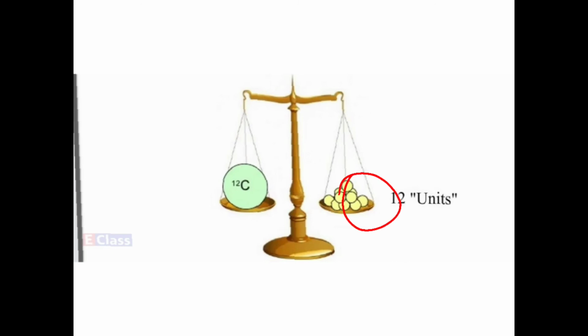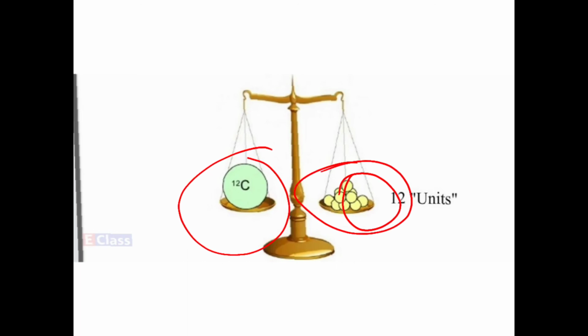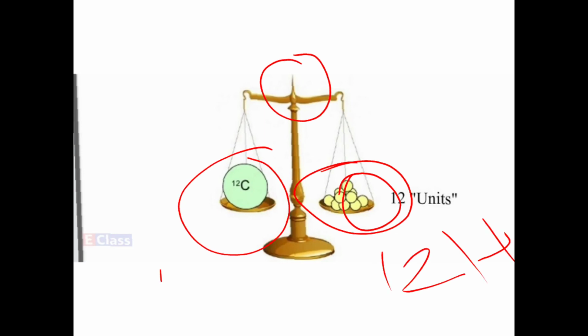And here I take one carbon. I ask one carbon atom to sit on one pan, and I just go on keeping the hydrogen on the other. What I observed is that when I keep 12 hydrogen, it gets balanced. So what does it mean? That 12 times the weight of hydrogen is nothing but 1 time the mass of carbon.